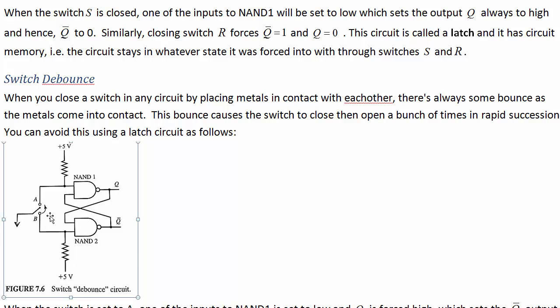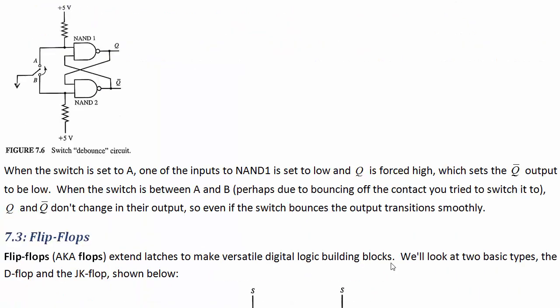Because of how the latch works, as soon as this touches A, then Q is going to be a 1 until the switch goes back and touches B. So even if it touches A and then disconnects from A as it sort of comes into resting on A, Q is going to switch to 1 on the first time and then just hold there regardless of our fumbling around with the switch over here, unless we bring it all the way back to B. So it gets rid of some metal on metal bouncing problems.